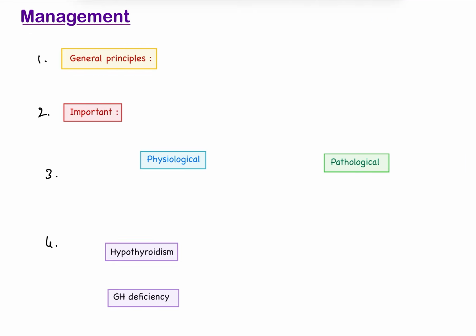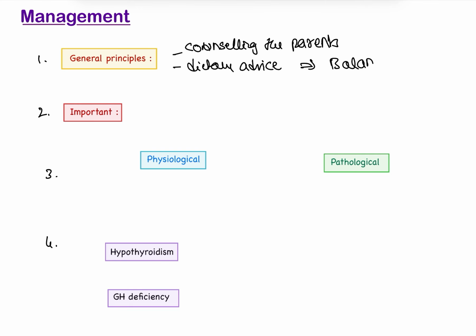Management. The general principles of management in any child with short stature are counseling the patient, counseling the parents, dietary advice, which includes a balanced diet with recommended micro and macronutrients.